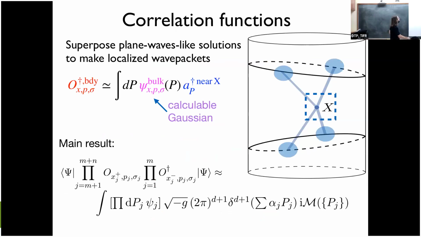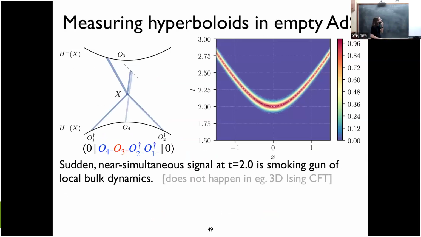So we get a formula that factorizes this operator product in terms of bulk functions. You could do this for various time ordering functions and so on. The operators in the future map to out, the operators in the past map to in, and the operator ordering is preserved.